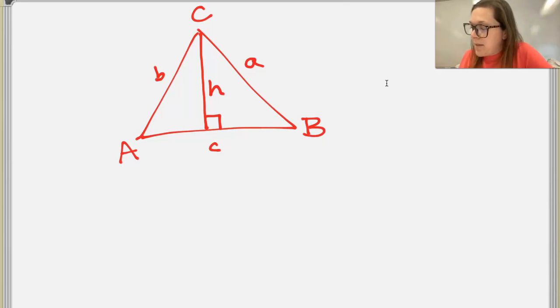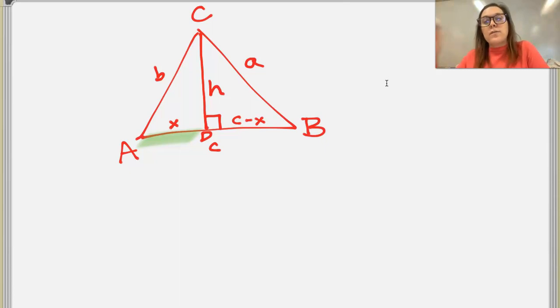I'm going to make this length x, and make this point D just for reference right now. So from A to D is going to be x, which would make D to B be c minus x. Okay. So now I have two right triangles.